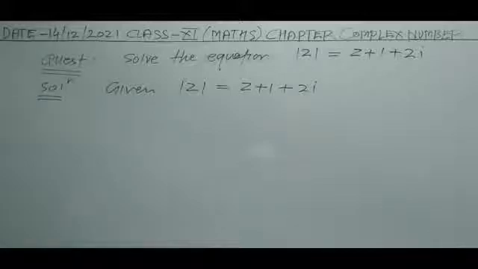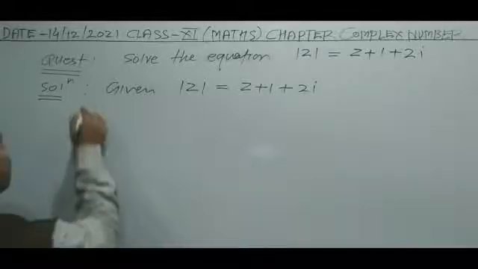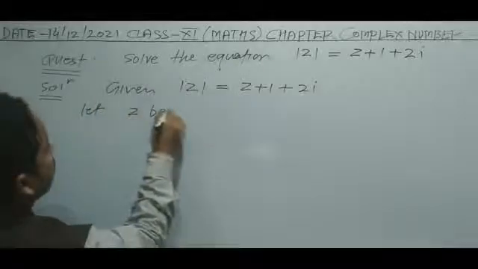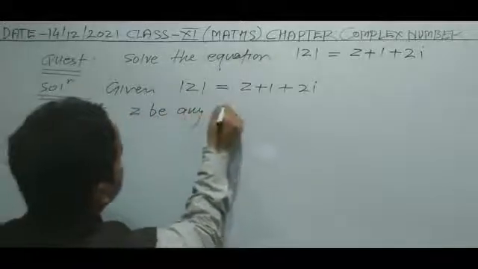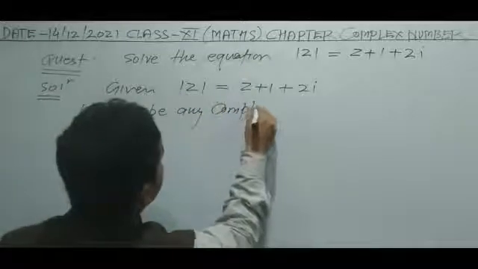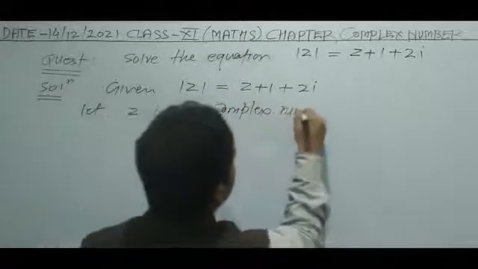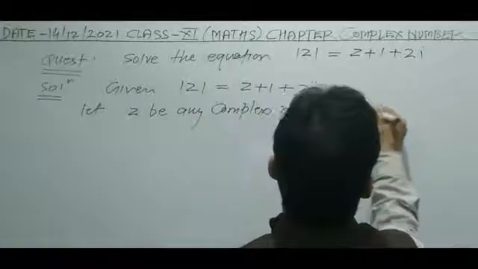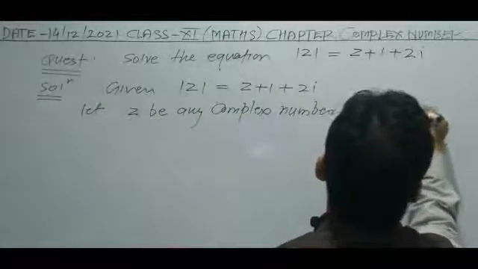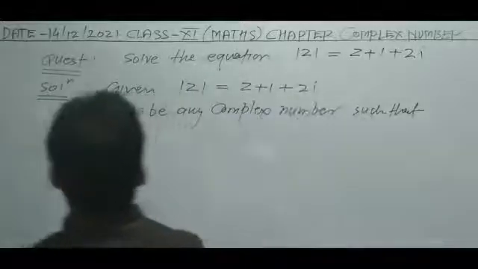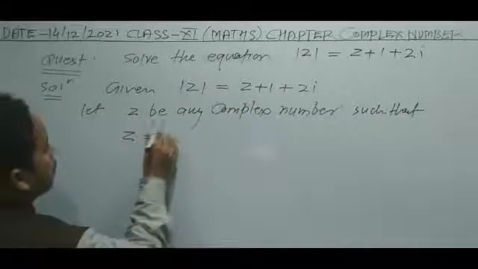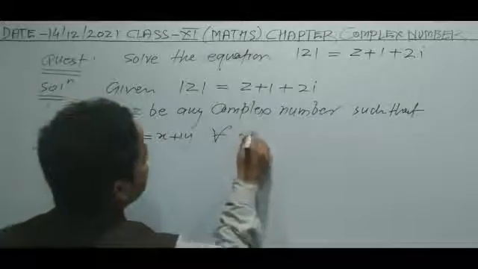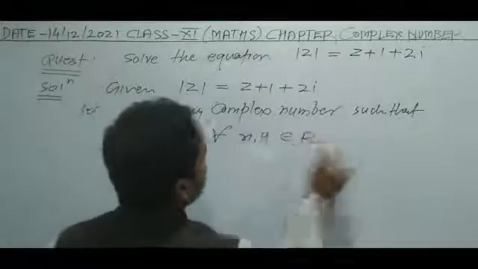Now we are going to consider z be any complex number such that z is equal to x plus iy, for all x, y belonging to real.